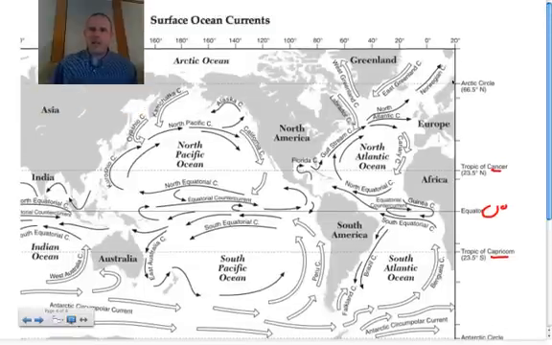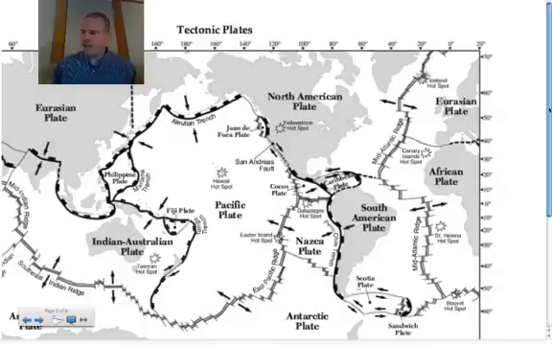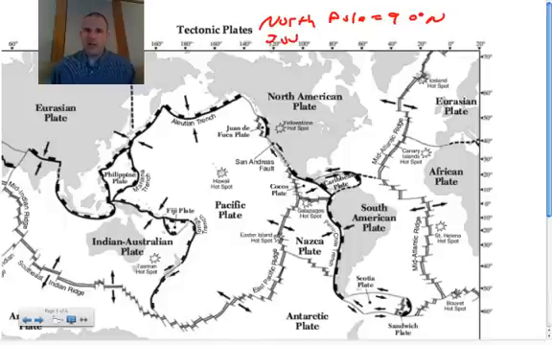One of the things you need to be careful of is that this does not go to the North Pole, so it's not going all the way to 90 degrees. And the same thing on this map. We should know that the North Pole is equal to 90 degrees north, and the South Pole is equal to 90 degrees south.